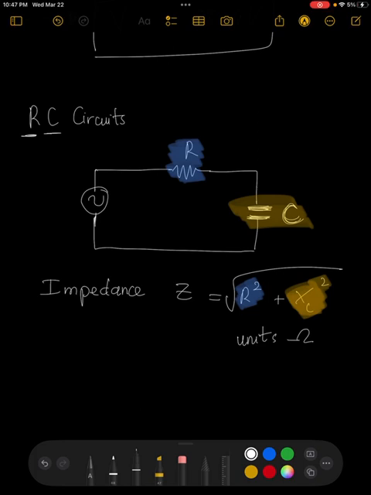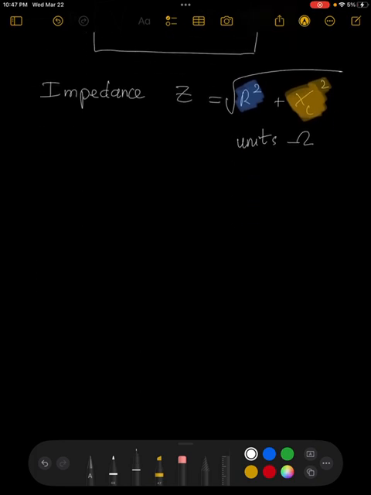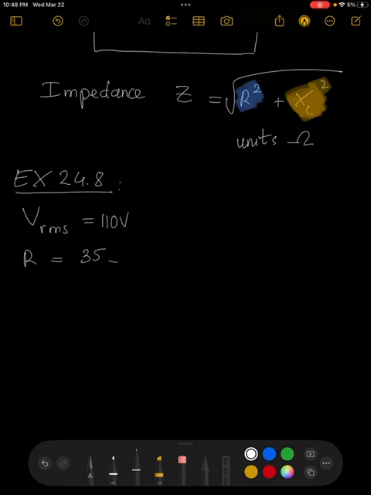Let's try example 24-8. We have an AC generator with an RMS voltage of 110 volts connected in series with a resistor of 35 ohms and a capacitor of 11.11 microfarads.